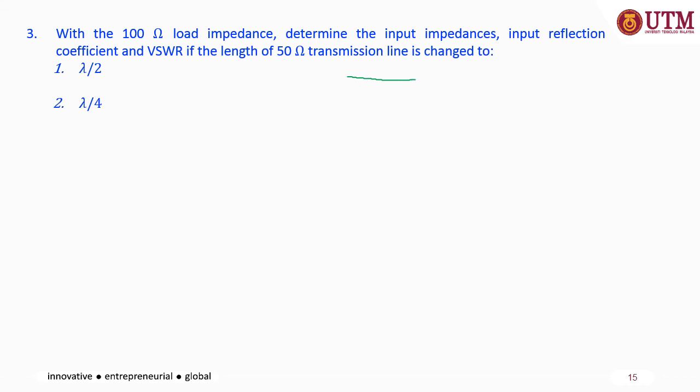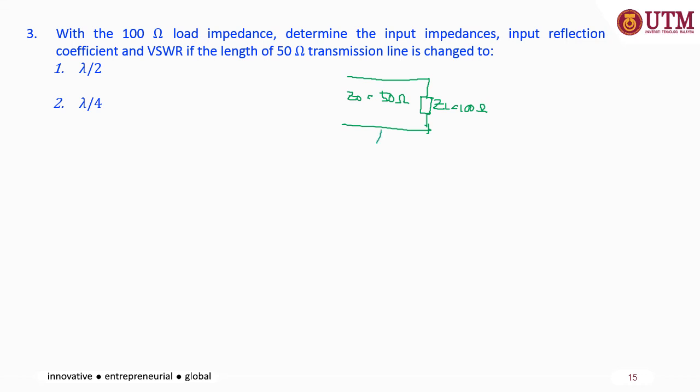So you have ZL fixed to 100 ohm, and you have your Z0 equal to 50 ohm. But now the L is changed to lambda over 2 and lambda over 4. So you need to consider both L in your calculation.